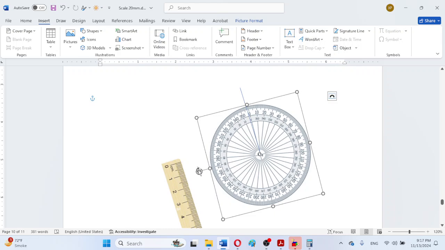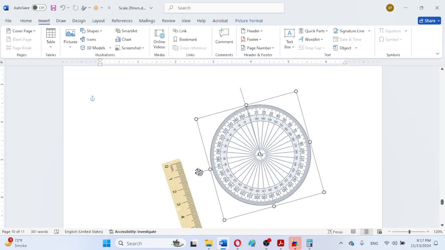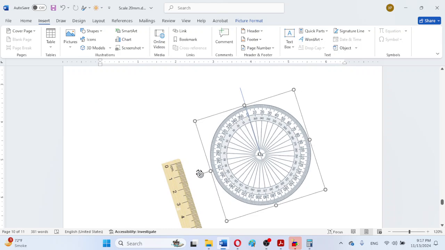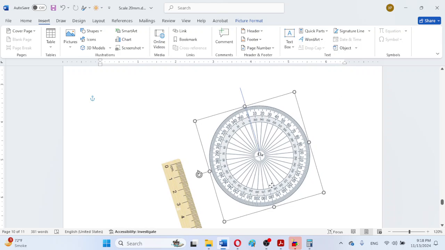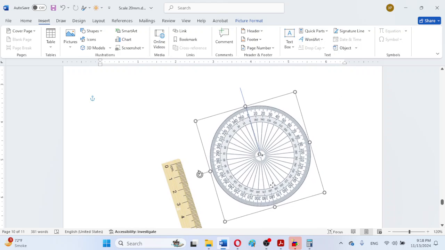So in this way I am making you understand that with the help of physical protectors you will be measuring the angles like this.